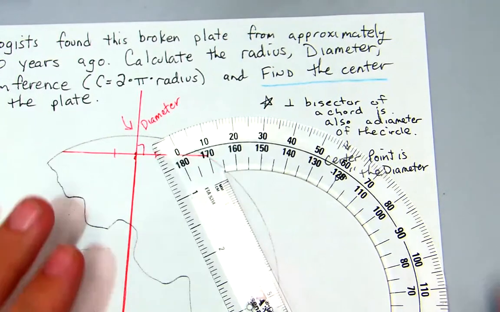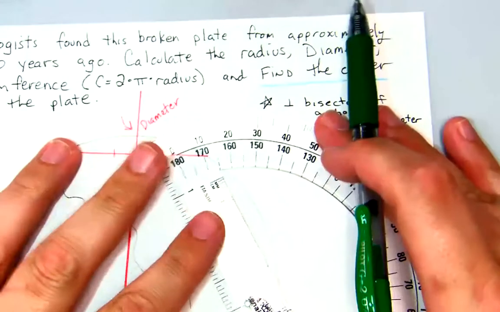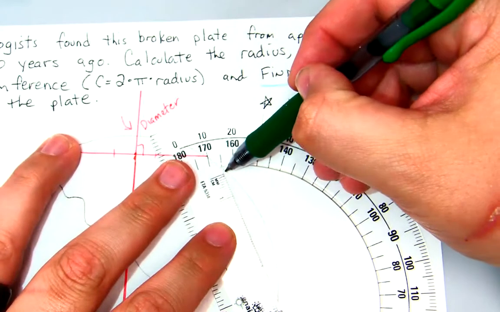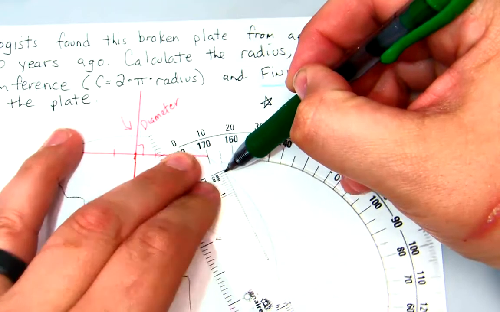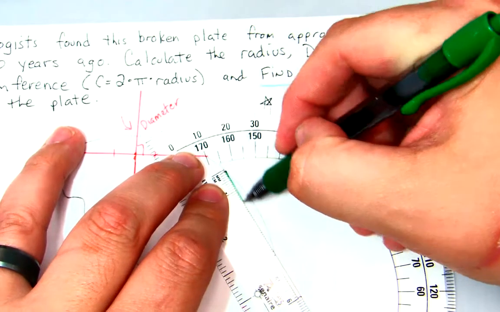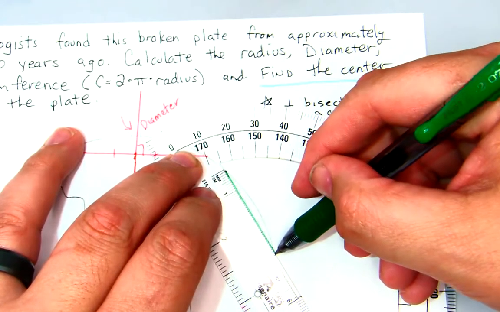So now, over here, I'm going to draw another chord. And this chord is 4. What's half of 4? 2.